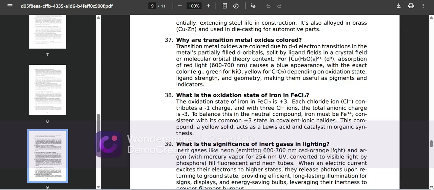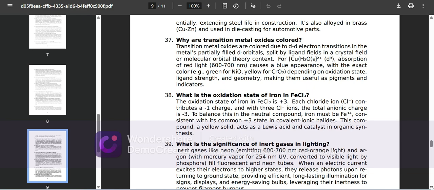Why are transition metal oxides colored? Transition metal oxides are colored due to d-d electron transitions in the metal, partially filled d orbitals split by ligands in a crystal field, or molecular orbital theory.